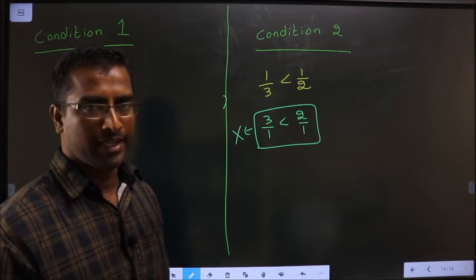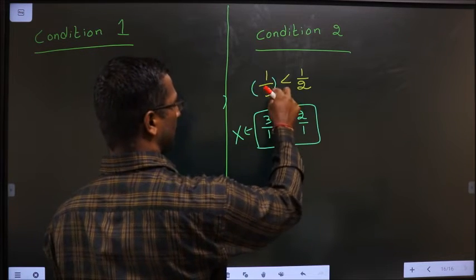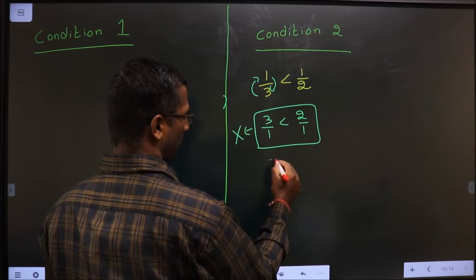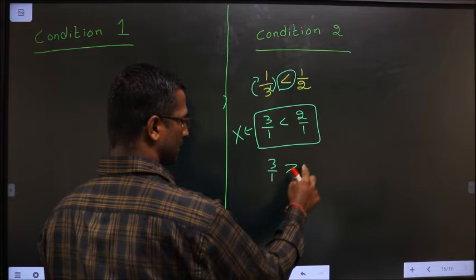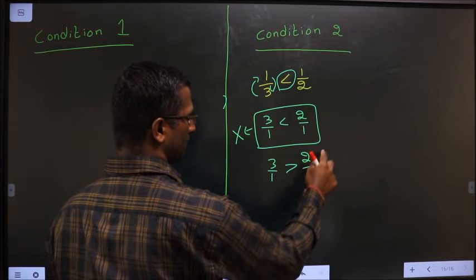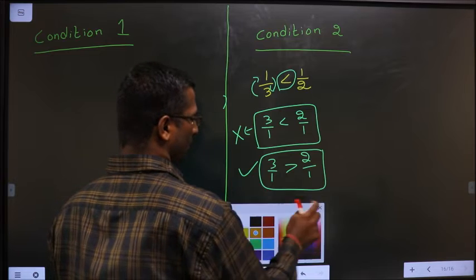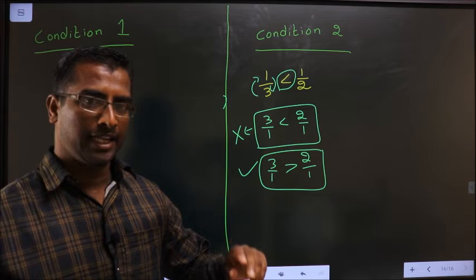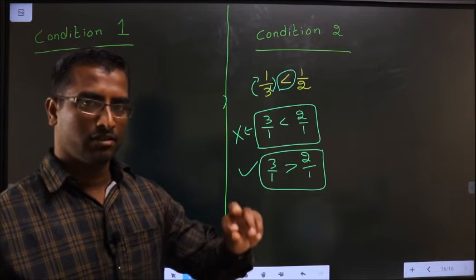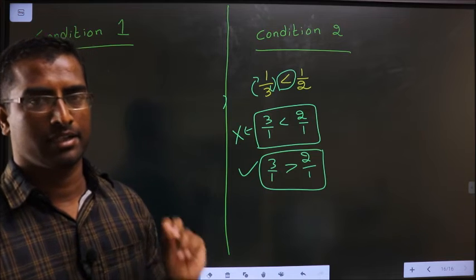So my point is, whenever you do the reciprocal, upside down, the inequality will change its direction, greater than 2 by 1. Now this is correct. Clear with my point? Second situation when inequality changes direction is whenever you are doing reciprocal, change inequality direction.